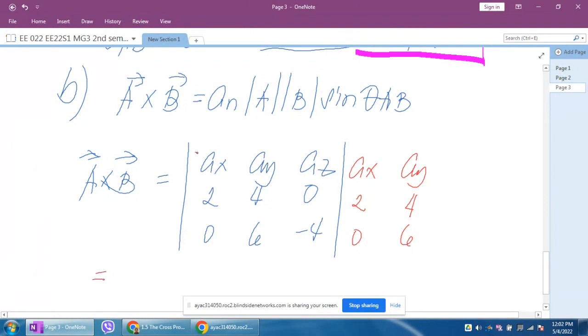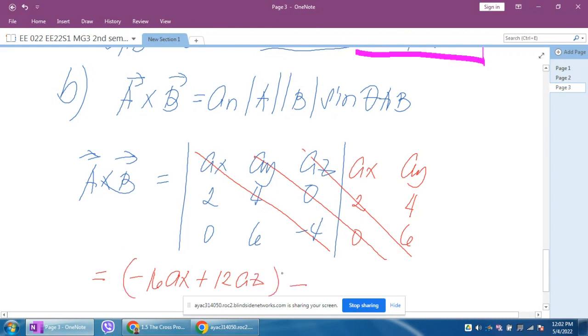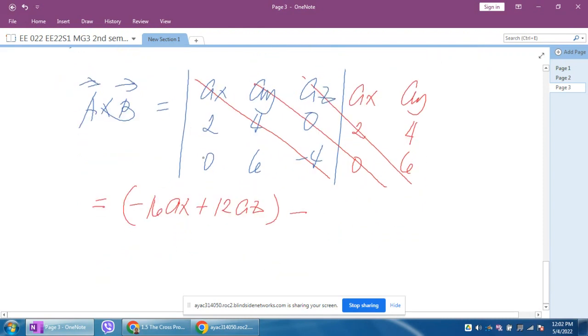So, red na lang po. So, I have this one, negative 16 AX. This is 0, and this is 12 AZ plus 12 AZ. Oh, minus, counter diagonal na po tayo.